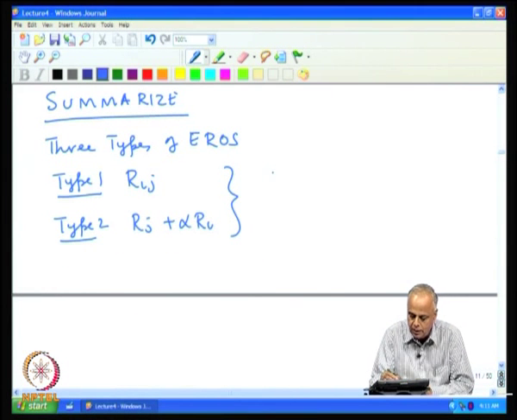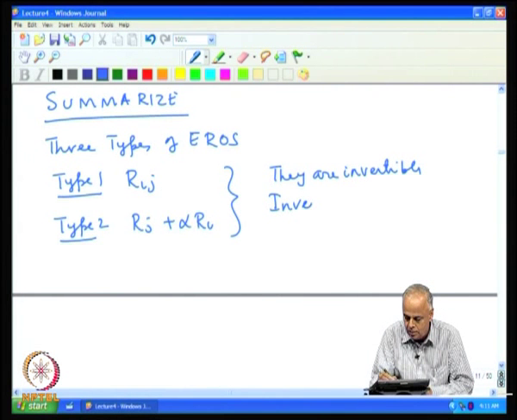The common thing is they are invertible, and the inverse is again the same type of ERO.